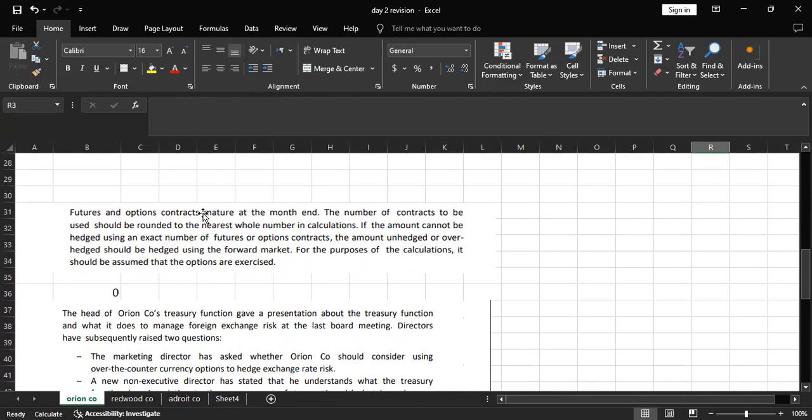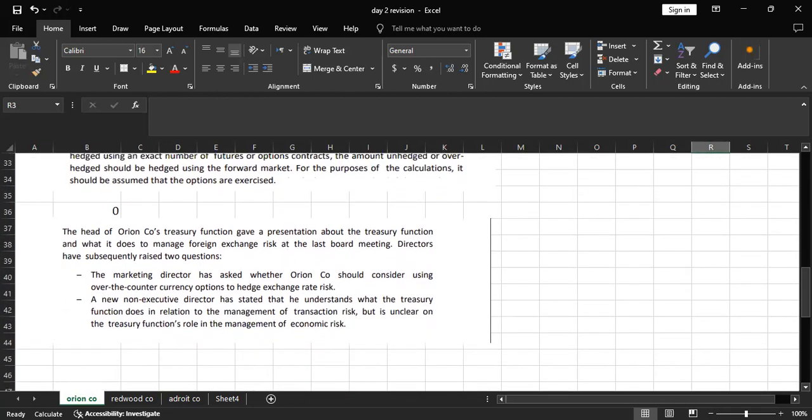The number of contracts to be used should be rounded to the nearest whole number. If an amount cannot be hedged using an exact number of futures or option contracts, the amount unhedged or overhedged should be hedged using the forward market. For the purpose of the calculation, it should be assumed that the options are exercised. The examiner in this question is assuming that the options will be exercised.